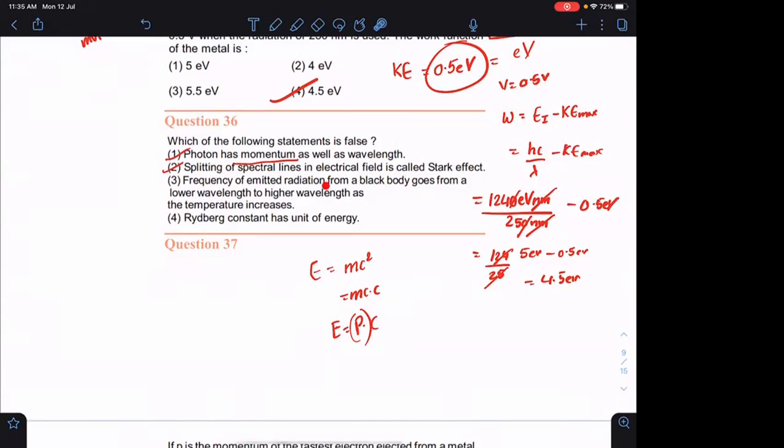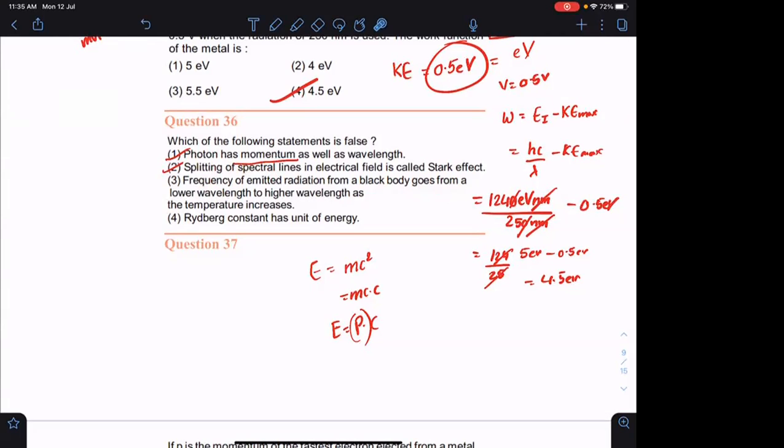Frequency of the emitted radiation from the black body goes from a lower wavelength to higher wavelength as the temperature increases. They said frequency, but they are referring to wavelength.